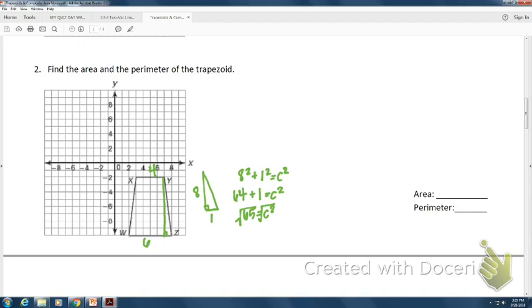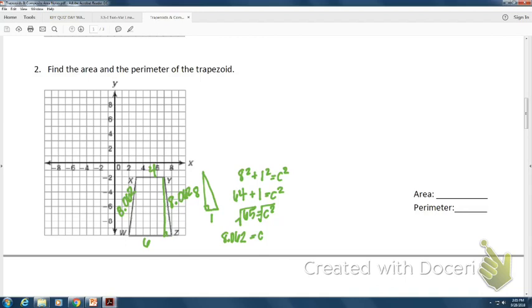What is the square root of 65? 8.062. Do we agree? Is that the length of YZ and XW? Any questions on how we found those values?